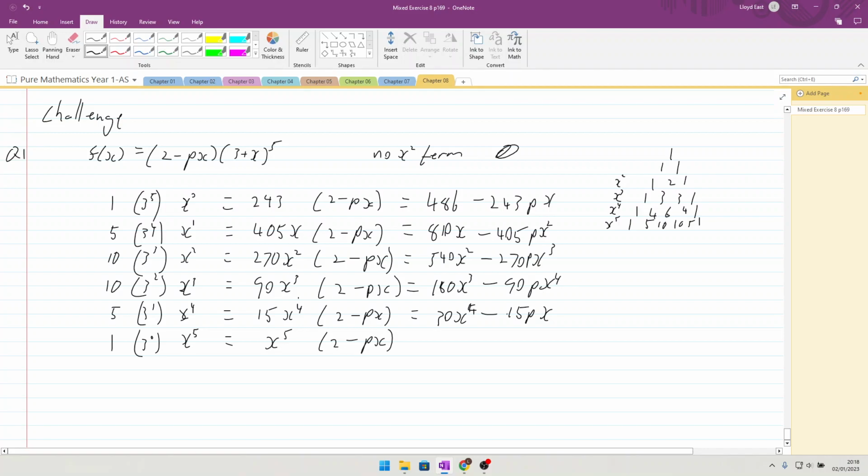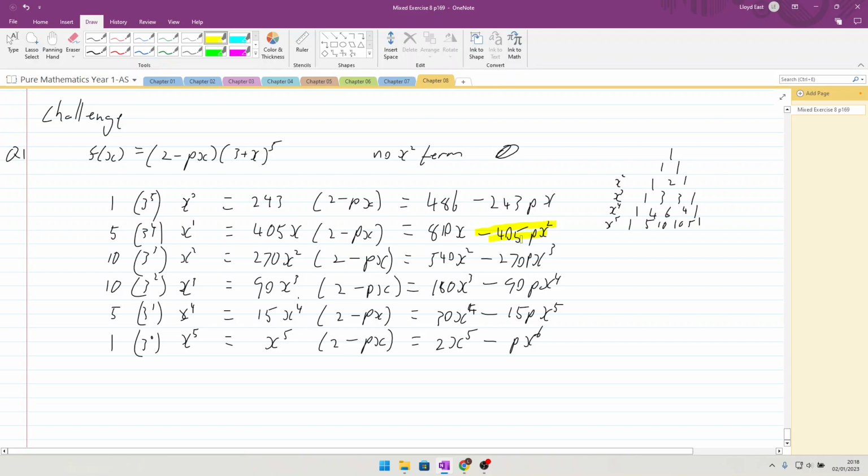That one should be 4, that one should be 5, okay, and then finally 2x to the 5 minus px to the 6.